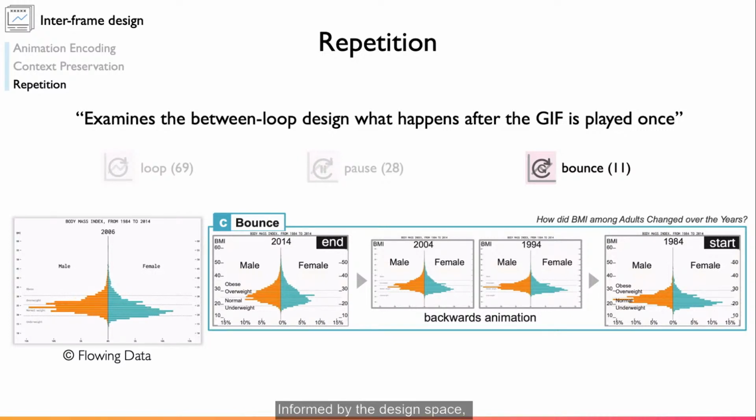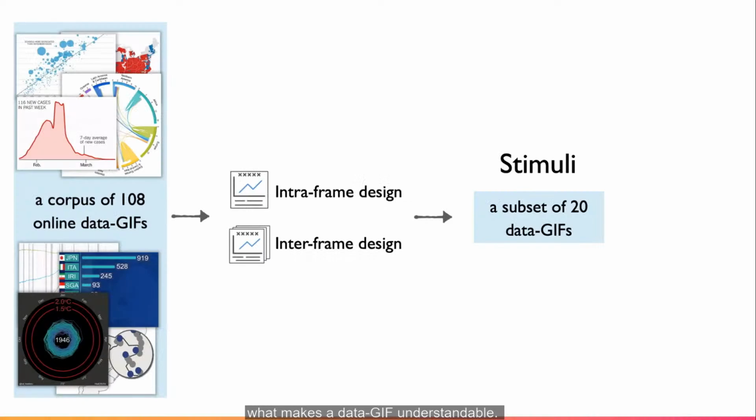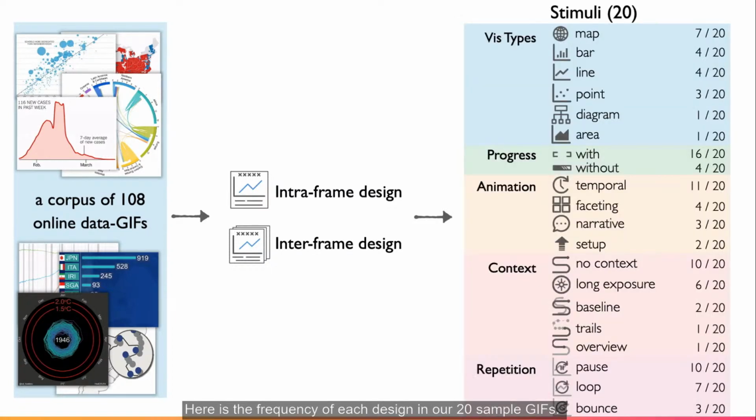Informed by the design space, we conducted 2 user studies to answer our initial question: what makes a data GIF understandable? In the study, we collected a subset of 20 of our real-world GIFs in order to reduce the study's complexity. Here is the frequency of each design in our 20 sample GIFs.